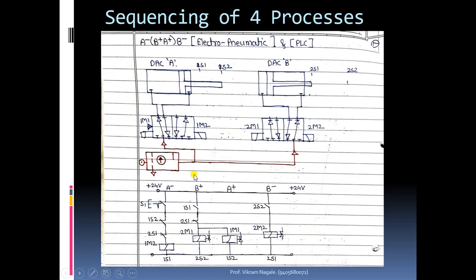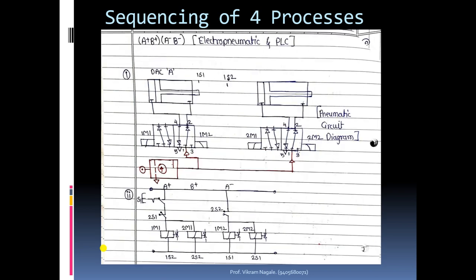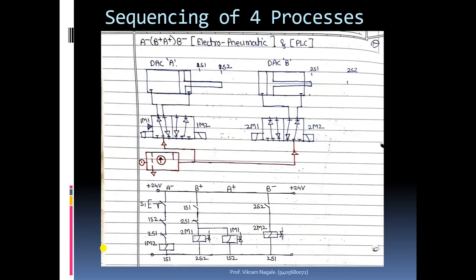1s2 will be initially pressed. So if we keep this manual switch in pressed condition, then the 1m2 coil will get energized and the system will go for the second cycle. Now we'll see what will happen if we don't make use of these two switches at a time.